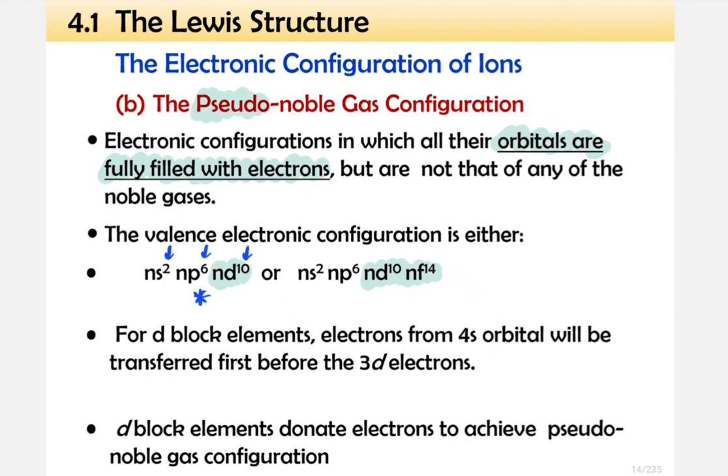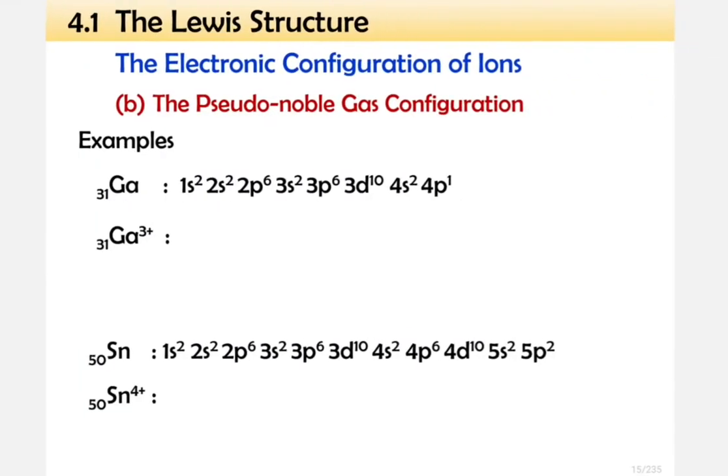Jangan lupa kita akan remove daripada 4s dulu baru 3d. So for example we have gallium. Untuk Ga, gallium ni, kenapa dia punya stable ion adalah 3+? If 3+, makanya it will remove these electrons.